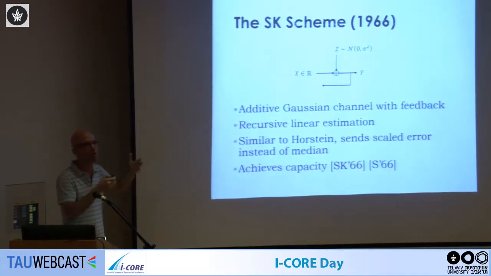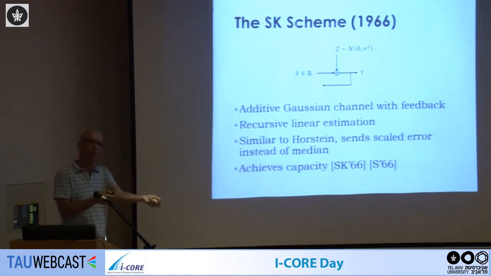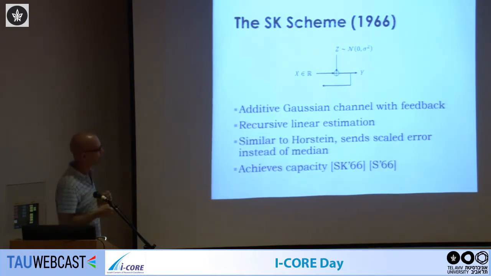Basically, the transmitter computes the estimate that the receiver has of the location of the target, or of the message, takes the difference, and sends the error term multiplied by some number. And this achieves capacity. These were basically the two simple schemes out there: one was conjectured to achieve capacity, the other one achieved capacity, and that's it.